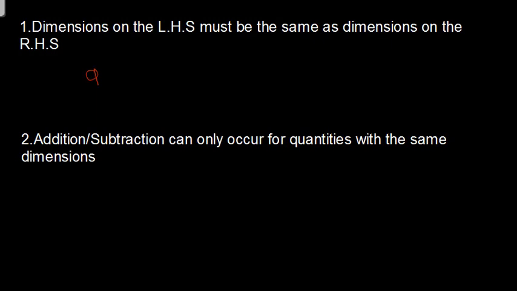So let's imagine this A represents a physical quantity, and there is an equal sign to show that this is an equation, and it has other physical quantities after the equal sign.